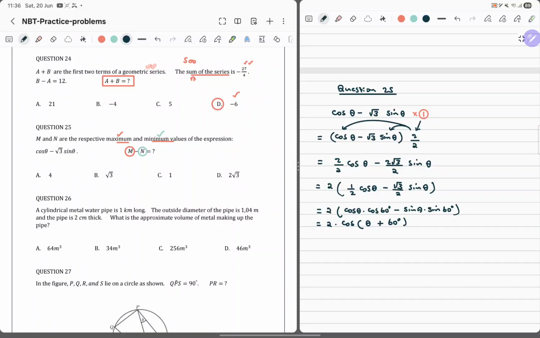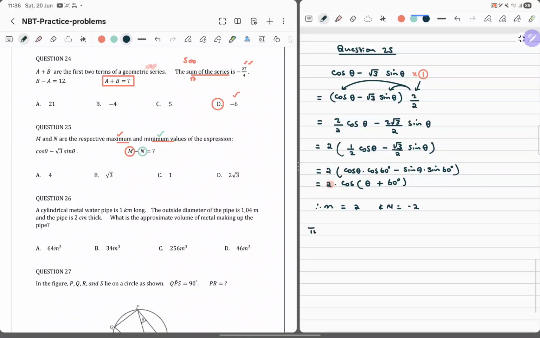All right, so this is cool. So where will the maximum be? We know that the maximum is going to be 2. So we know that therefore M, the maximum, is going to be 2, and N, the minimum, is going to be minus 2. Okay, so we can say then M minus N implies that we've got 2 minus minus 2, which is 4.